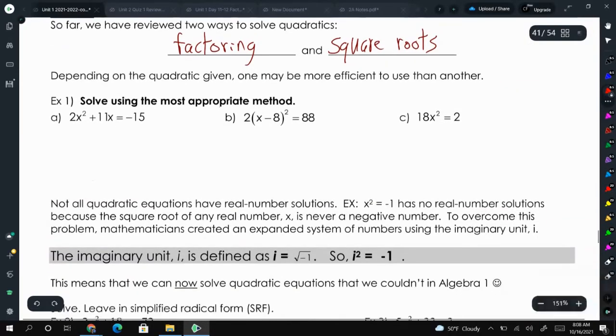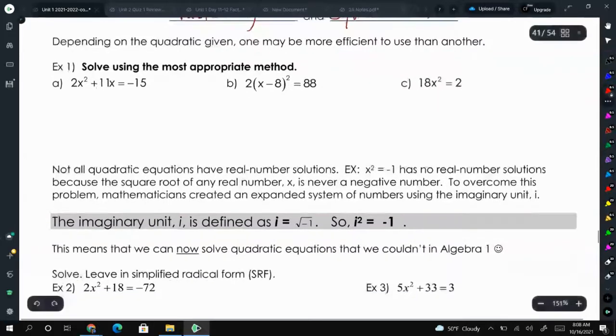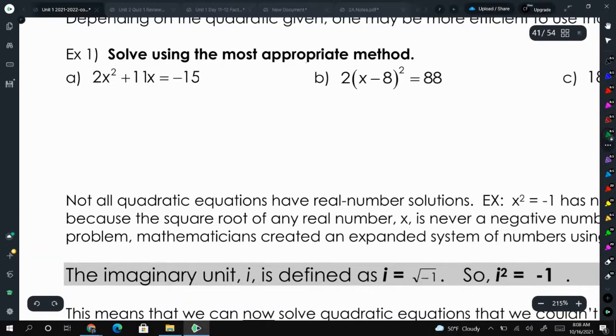Before we do that, let's see what appropriate strategy we would use to solve these quadratic equations. So this one, 2x squared plus 11x equals negative 15. Because I see that we have an x squared and an x term, that is going to be a clue for me to factor.